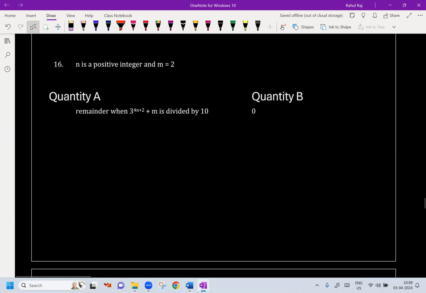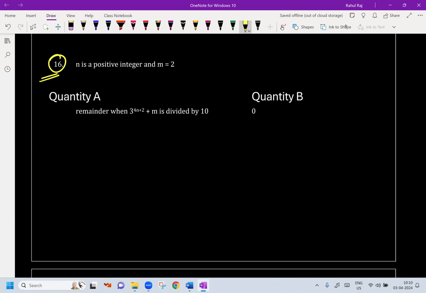But questions might be a bit twisted for sure. Can we do question number 16, please? What is M in this case?